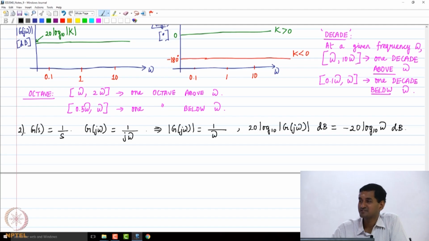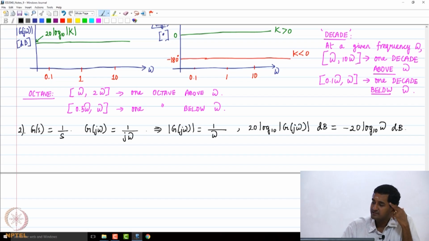Of course, omega is positive, it is frequency, so I am not putting an absolute value here, right. I hope it is clear how we got this. Because 20 log to the base 10 of 1 by omega is minus 20 log of omega, right. So, that is what we have in decibels. Okay. So, that is the magnitude.